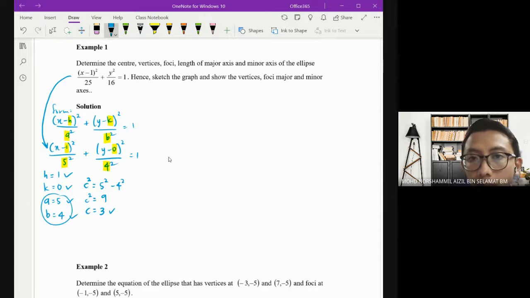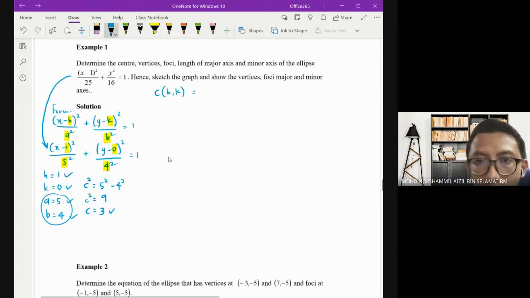Okay, determine the center, vertices. Jadi kita nak dapatkan center dia apa semua kan. Center is H, K. So your center is 1, 0. Boleh tak? So center jawab dah.